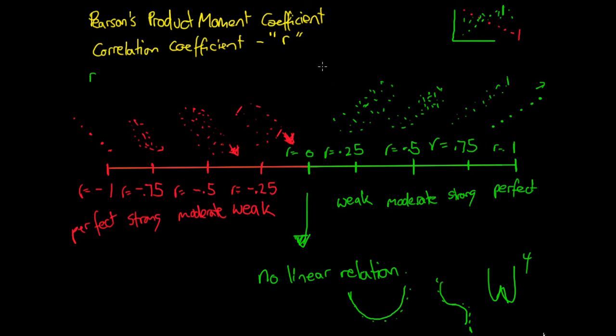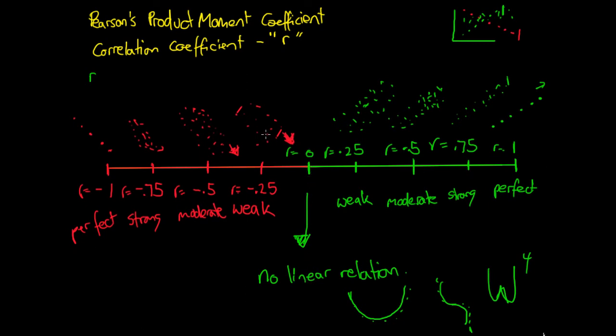So that's what our correlation coefficient is. It's basically just a number, and it'll tell us exactly what kind of distribution, or exactly what kind of scatter plot, we have. So if we've got r equal to positive 1, we've got a perfect positive relationship, and as our value reduces, the relationship gets weaker until it hits 0, where we have no linear relationship.